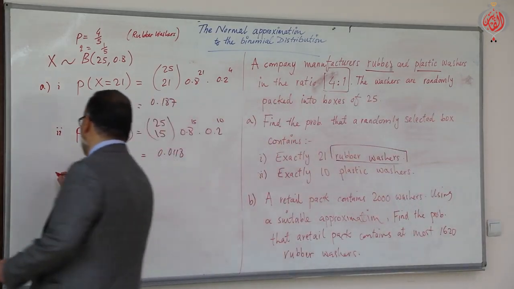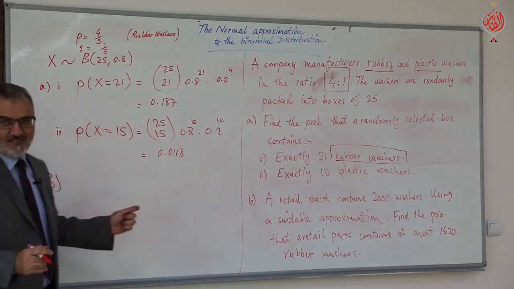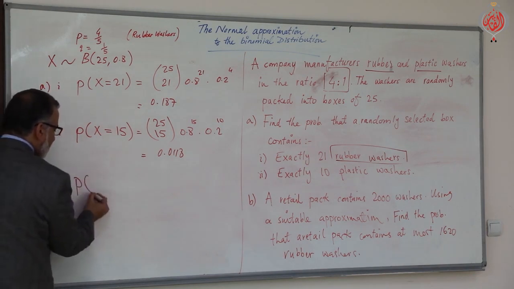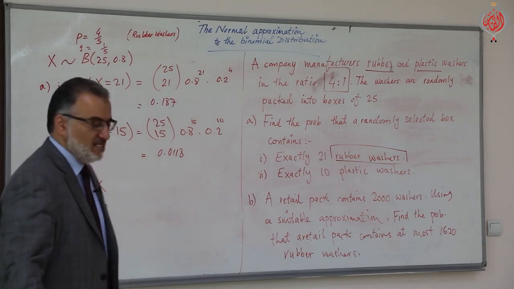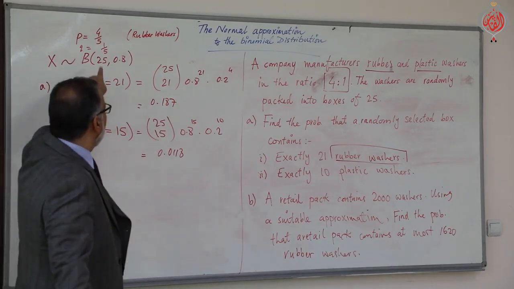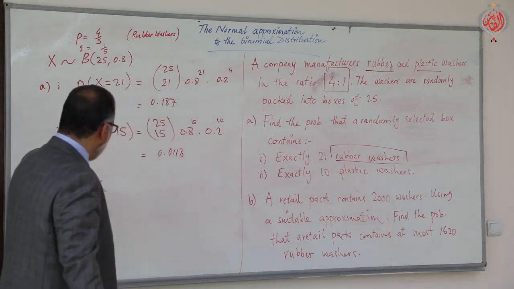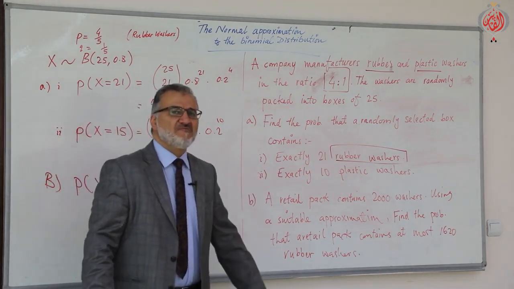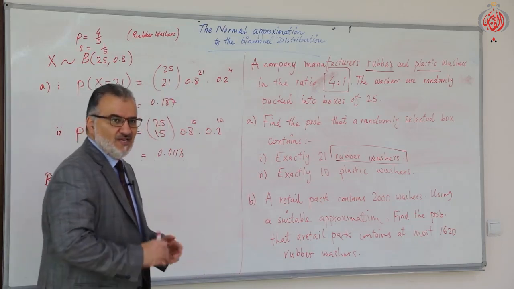So first of all, how could I express this sentence? We will say the probability of X, a discrete random variable, where we are still dealing with success as rubber washers. X is at most 1,620. What does at most 1,620 mean?